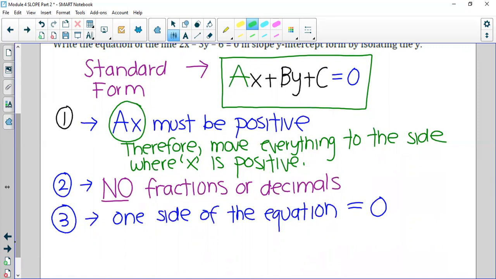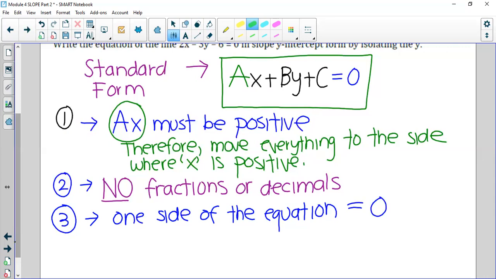Therefore, you have to move everything. If you're going from slope-intercept form, y is equal to mx plus b, and you're transforming it to standard form, you have to move everything over to the side where a is positive, where the x term is positive. So if the x term is negative, you have to move every term over to the other side.